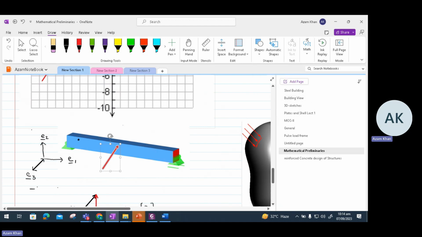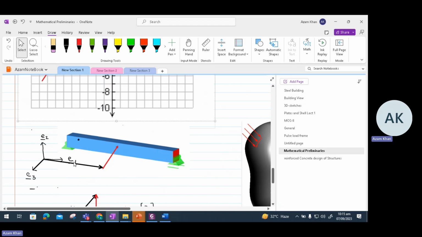A position vector is always located at the origin and goes to some point. So let us draw this position vector. This is the position vector. This position vector gives us the point where the force vector has been applied.